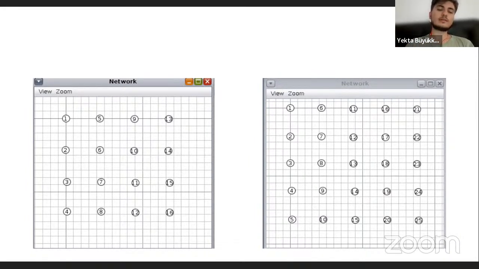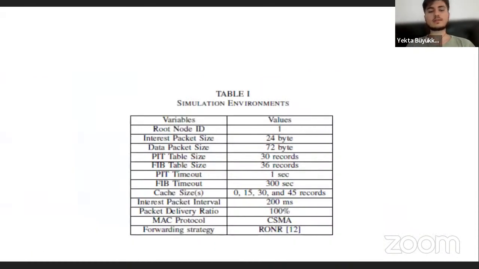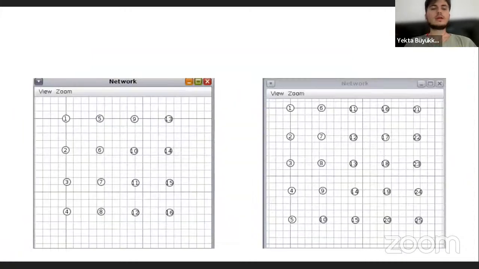For example, node number 12 will know that the data packet came from 16, and 11 will know it came from 12, and so on. So in RON, it will check the FIB table and know this data packet came from this node. So it will not have to flood the entire network, and therefore it will shorten the delay time. So we use this forwarding strategy, which is called RON.